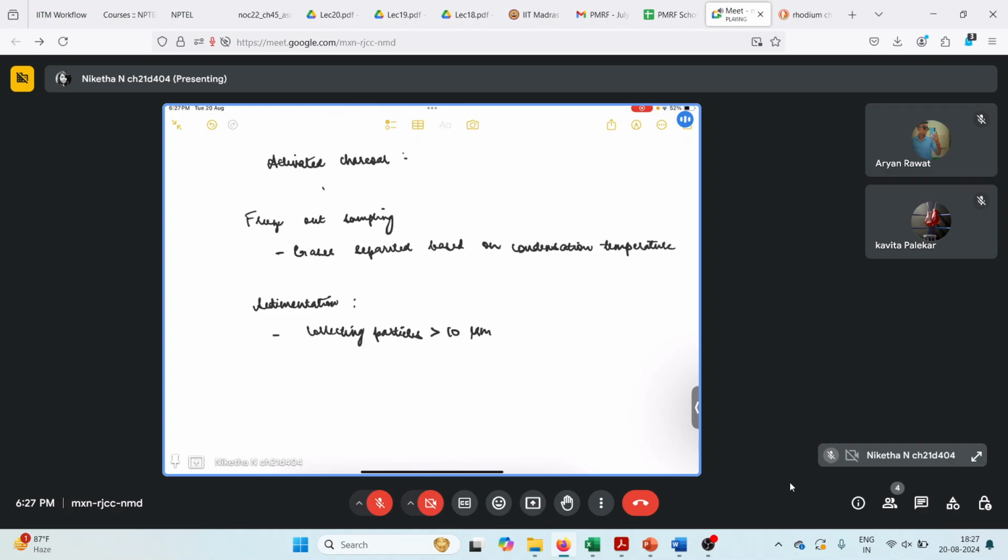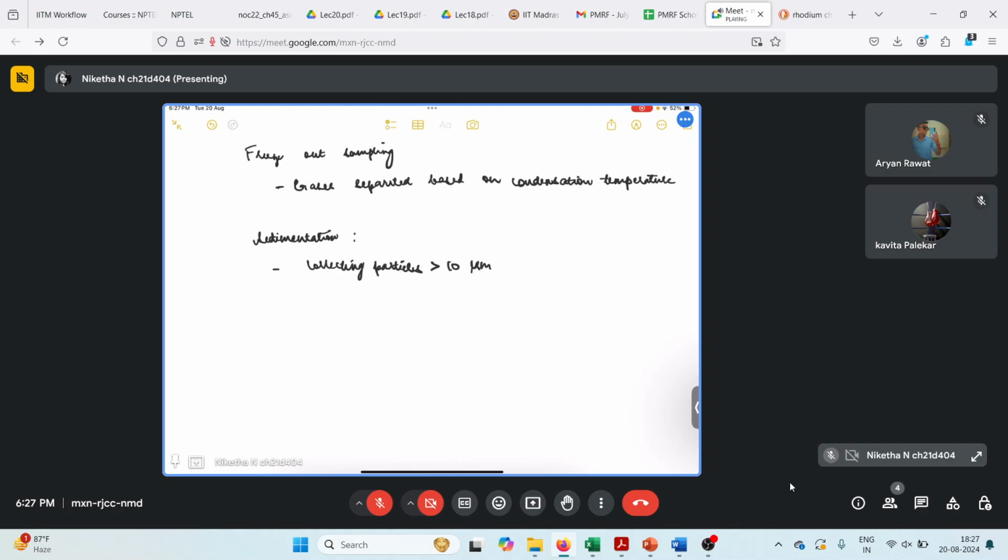Okay. So this will consist of a funnel type of object, and it will look like this.